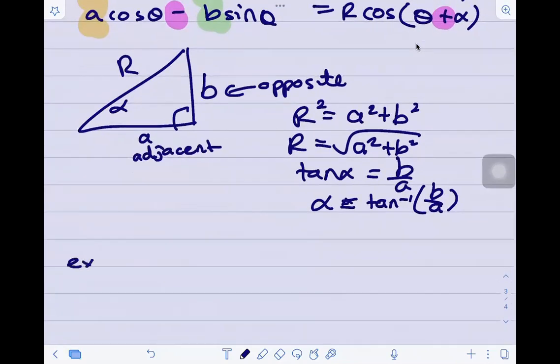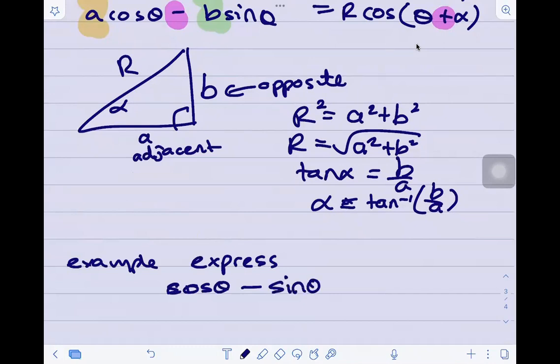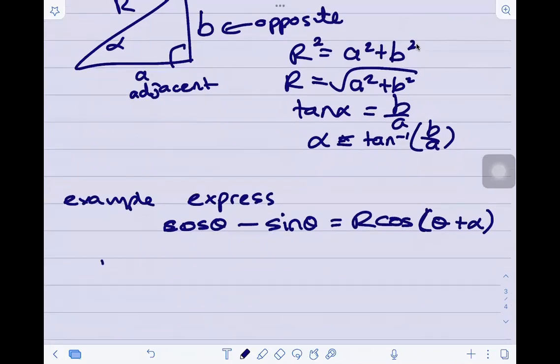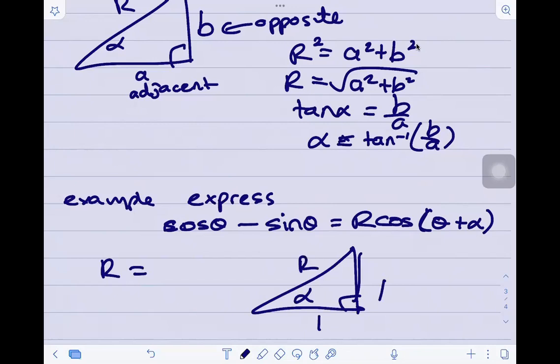So one more example. If you want to express, say, cos theta minus sine theta in the form of r cos, now it'll be a different sign. So it's theta plus alpha. Then for the r, all you've got to do is draw your right angle triangle. That will be 1, 1, alpha, r. It will be 1 squared plus 1 squared, which is 2.